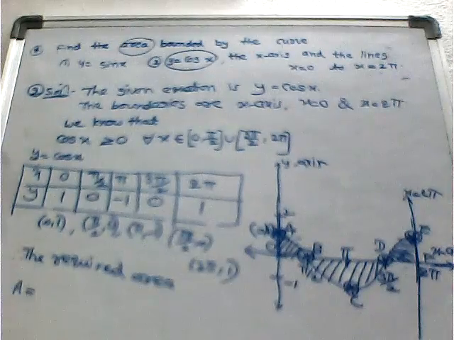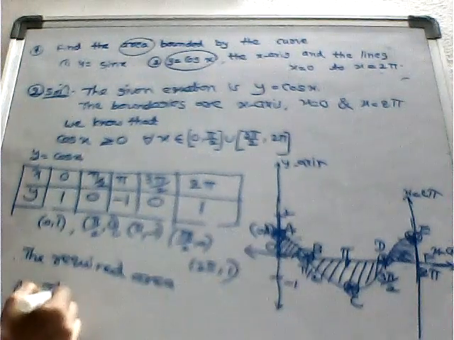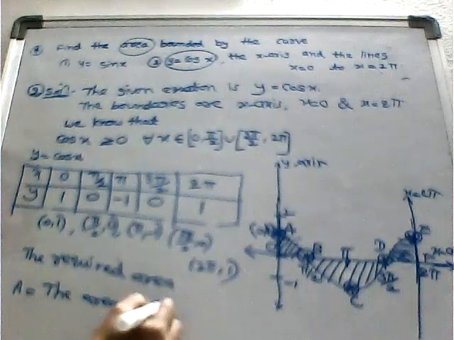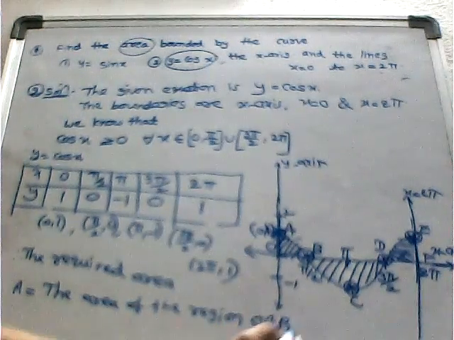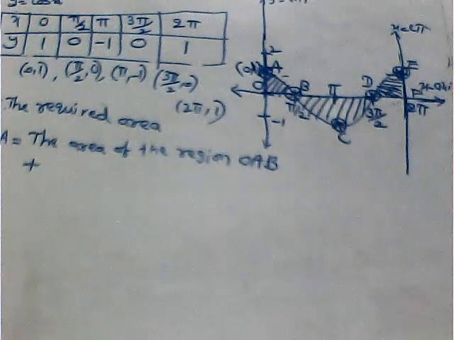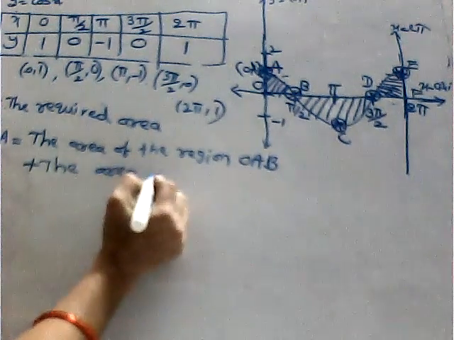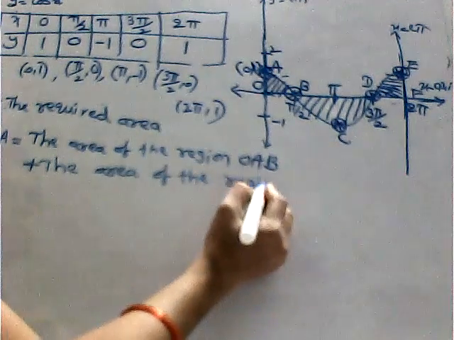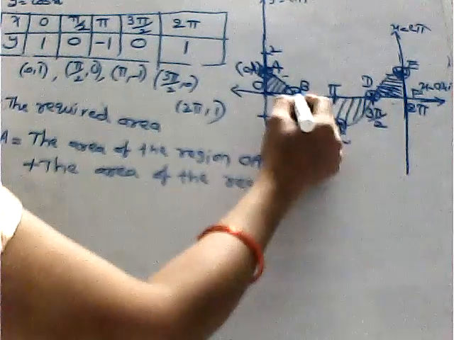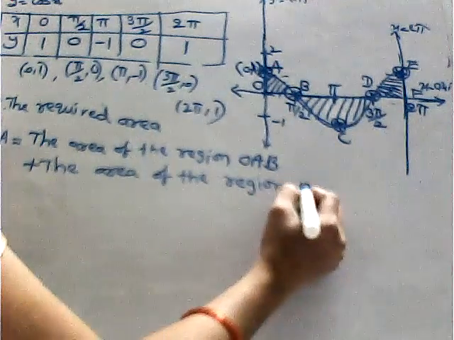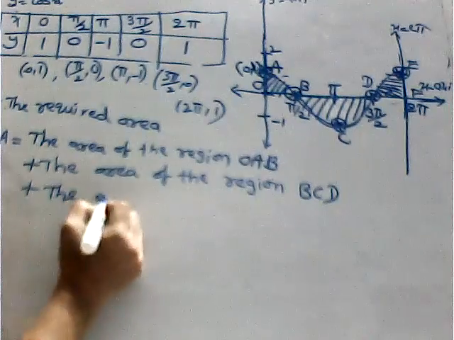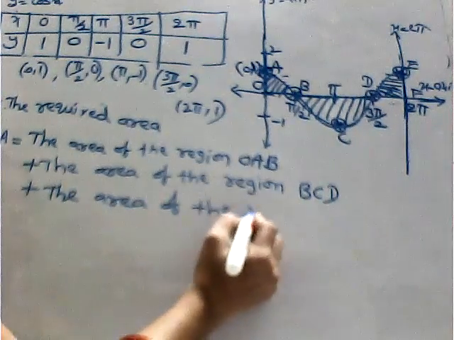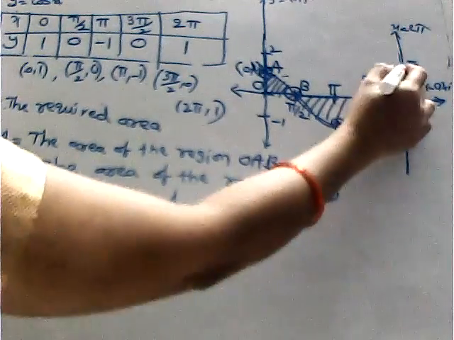A is equal to the area of the region OAB plus the area of the region BCD plus the area of the region DEF.